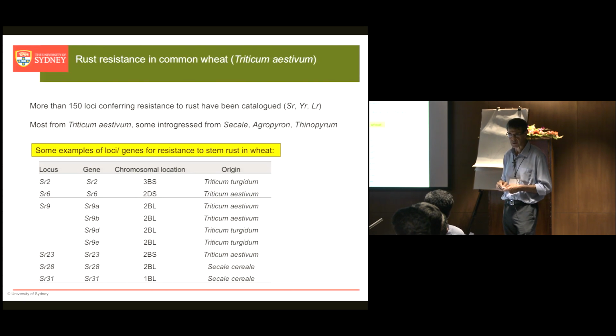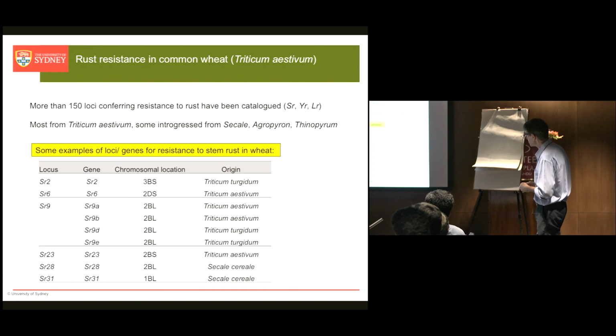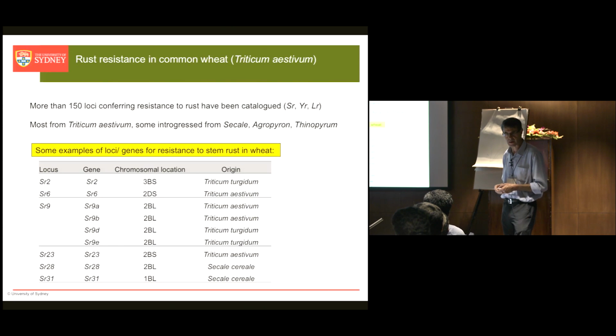That's why they're called alleles. And the importance of the alleles is that they can't be combined in a variety. You can't have a variety that carries Sr9a and 9b together. It's impossible to bring them together. They are what we call linked in repulsion. They sit at the same point on the chromosome, so they tend to repel each other, right?